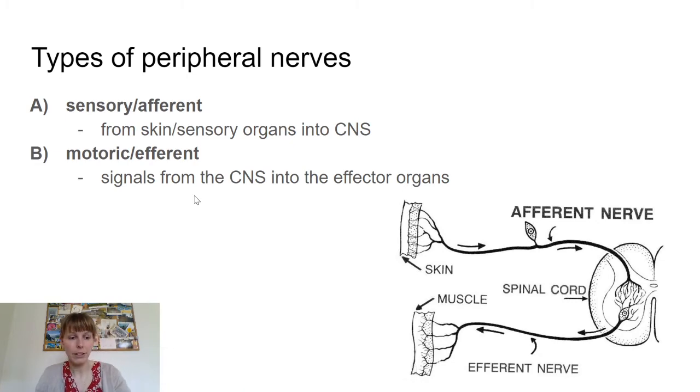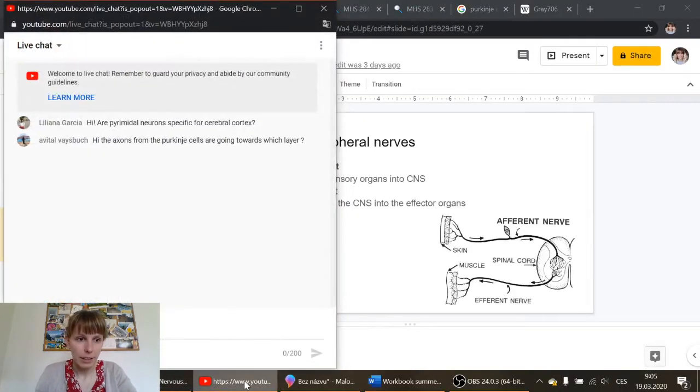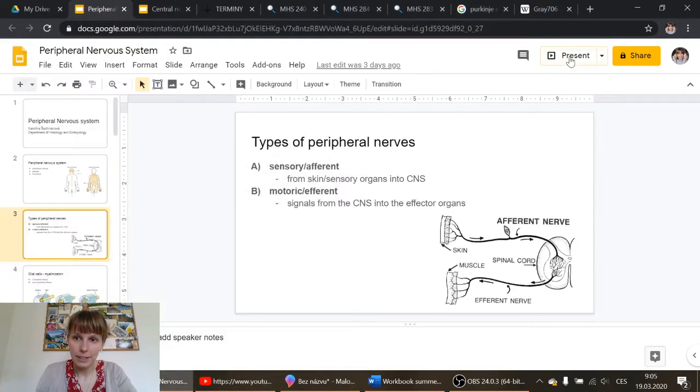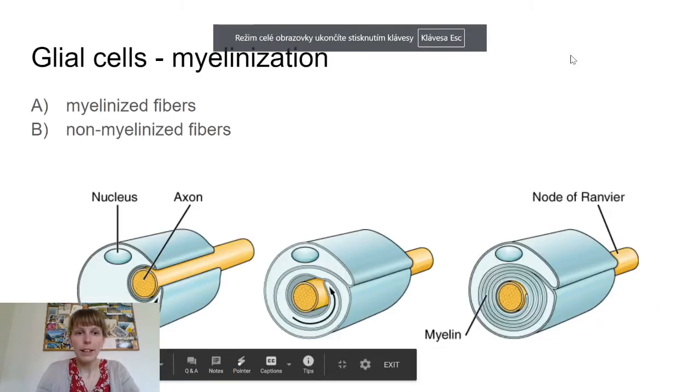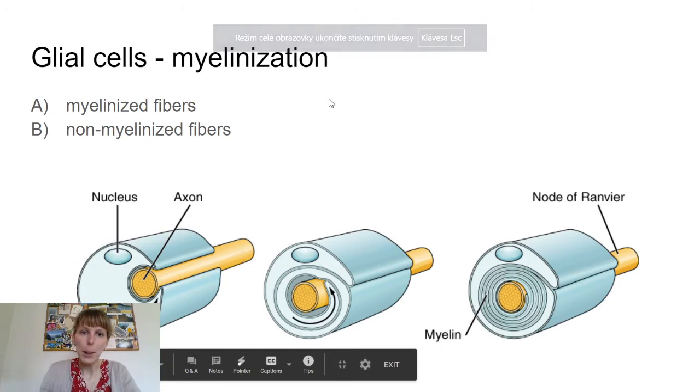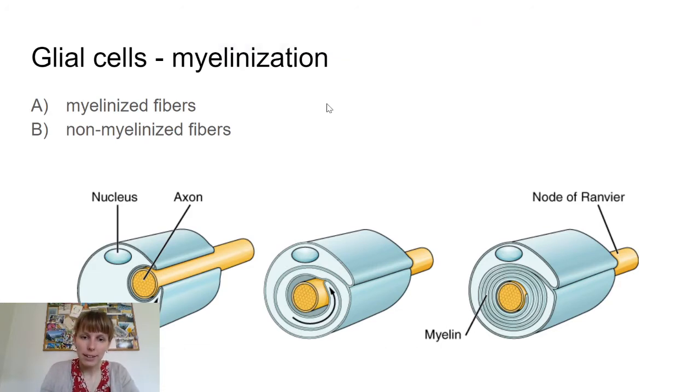So afferent and efferent nerves. And let's get to the glial cells that are specific for the peripheral nervous system.